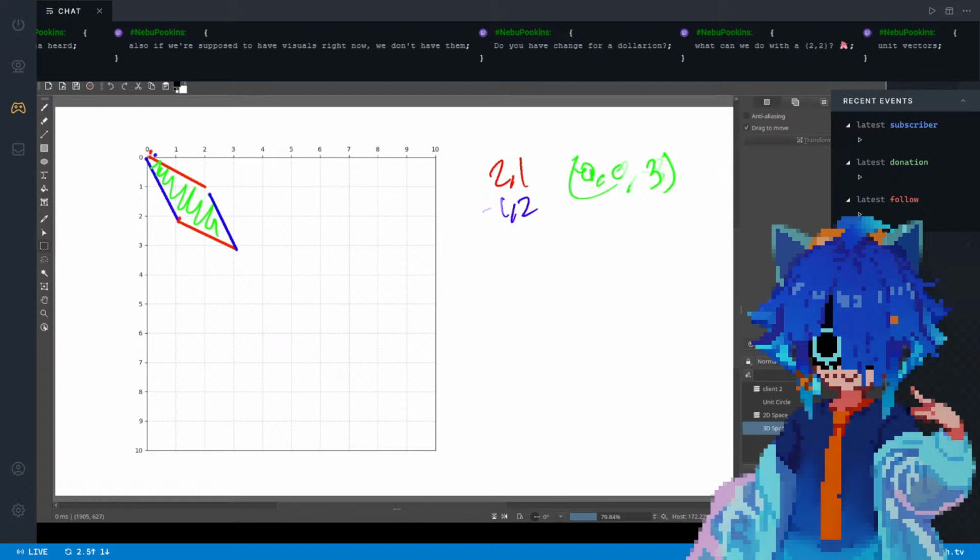So what can we do with that information? Well, it turns out that half of the area of that parallelogram is the area of the triangle.